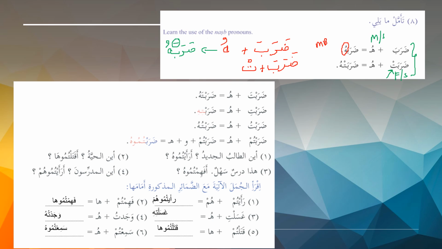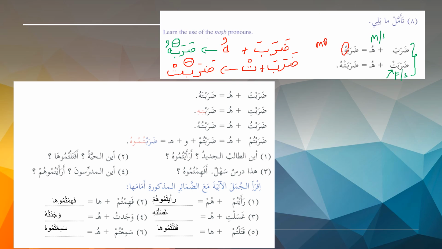Ta tanis is not the pronoun, it's just a sign of femininity. So you get the rabat. The last letter ba still has the fatha maintained. So this is the structure that you will follow in the ghayab group.